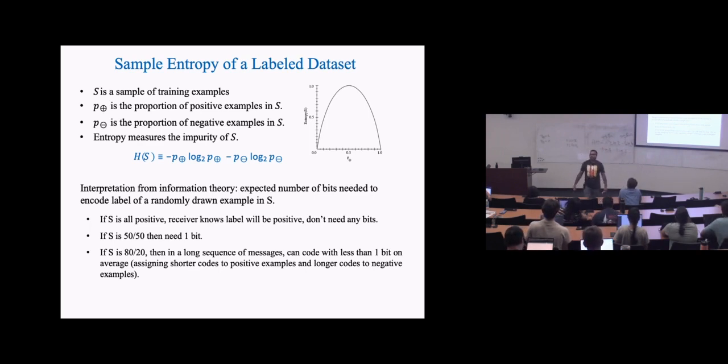For example, I'm sending you some information, but if you already know that what is coming is going to be always heads, do I even need to send it? No. But let's say 90% of the time it's heads, then 90% of the time I don't need to send anything. Only 10% of the times I will just say no. You save bits by reducing uncertainty. Okay?